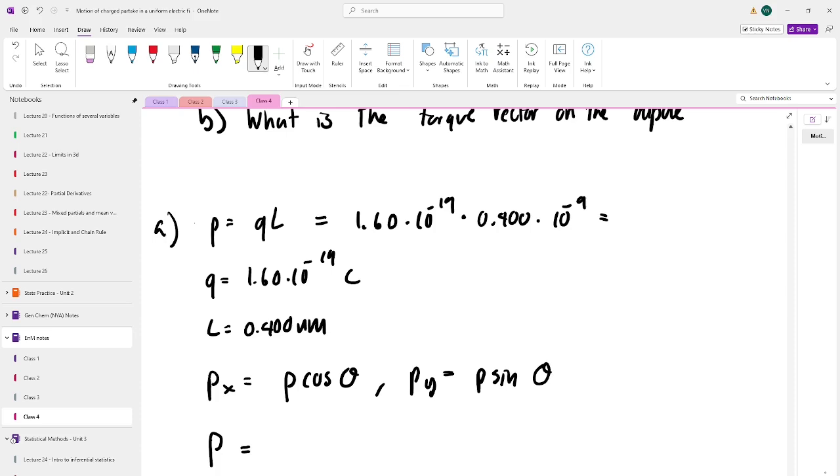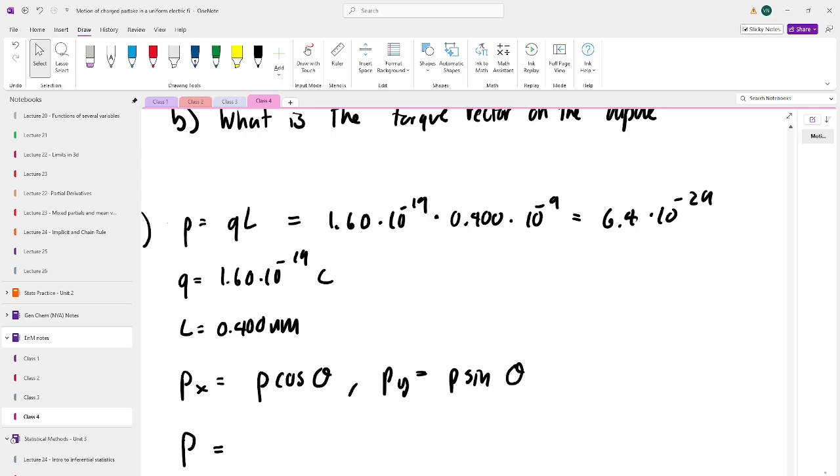And that will give us, let's calculate that, 6.4 times 10 to the minus 29. There we go. And then here, we would get 6.4 times 10 to the minus 29 cos of 35 degrees.